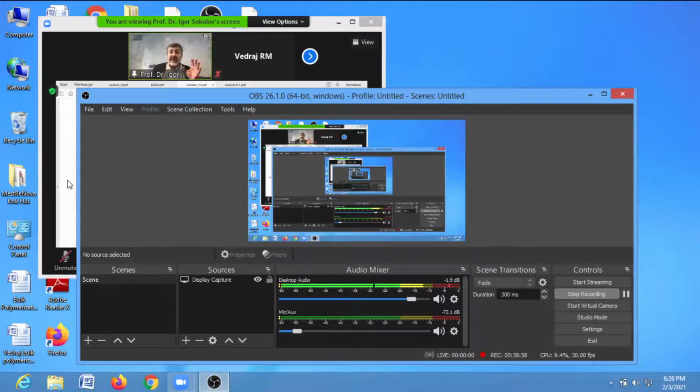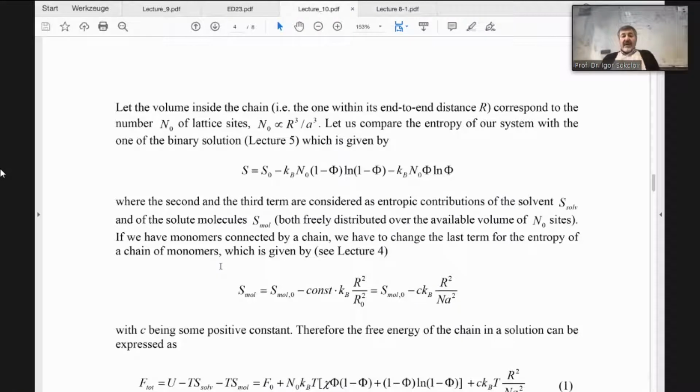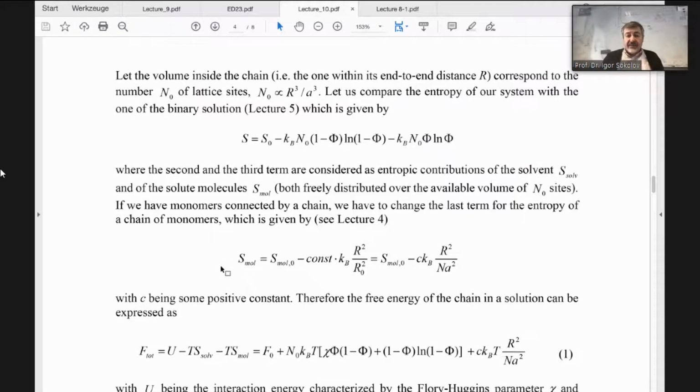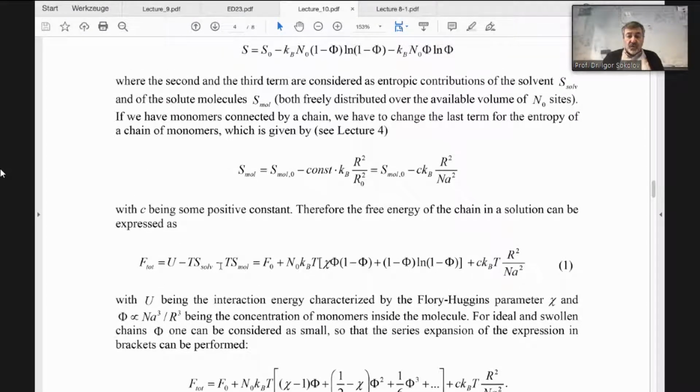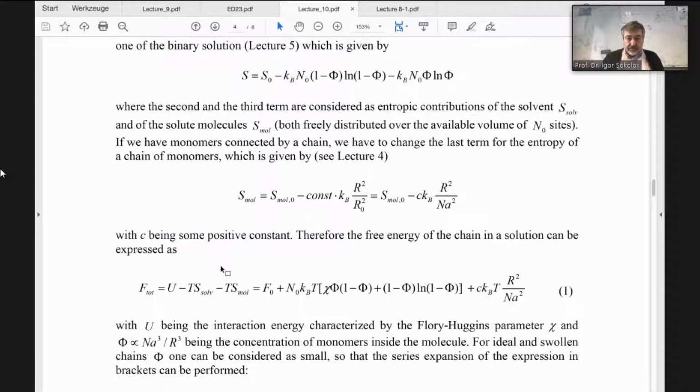And I again start with my molecule, but now I do the following. All my monomers are in the bag.